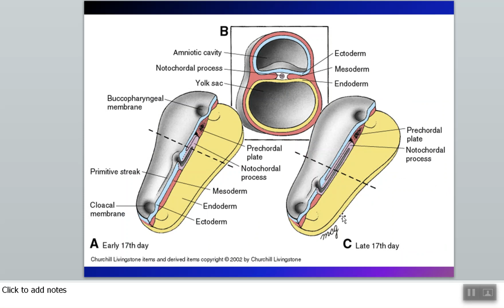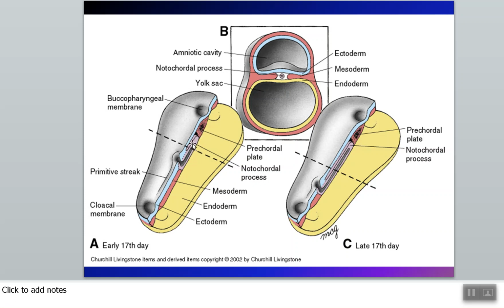notochord. Here the picture shows the formation of the prochordal plate and the notochord. As I told you, this is the primitive pit where cells migrate. The first wave comes in front of the notochord, and the second wave of cells migrating through the pit makes the notochord.